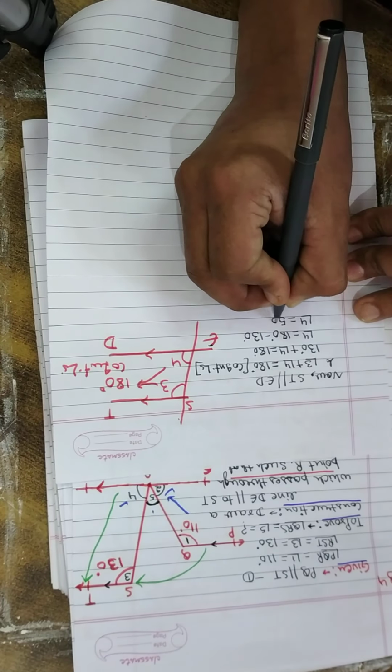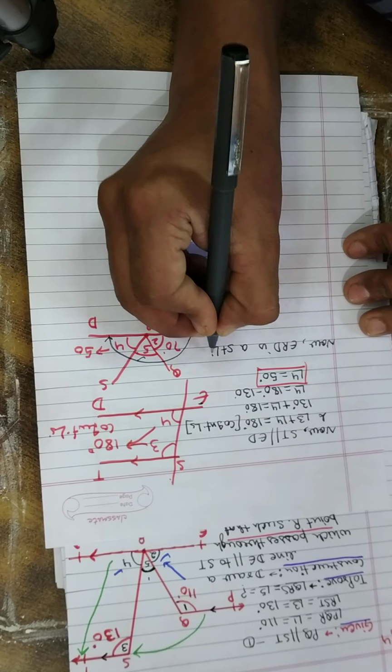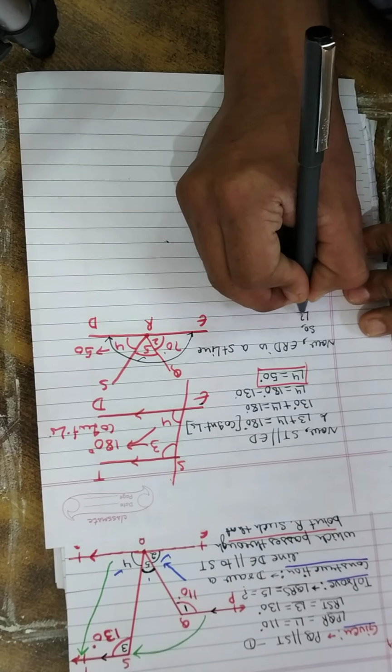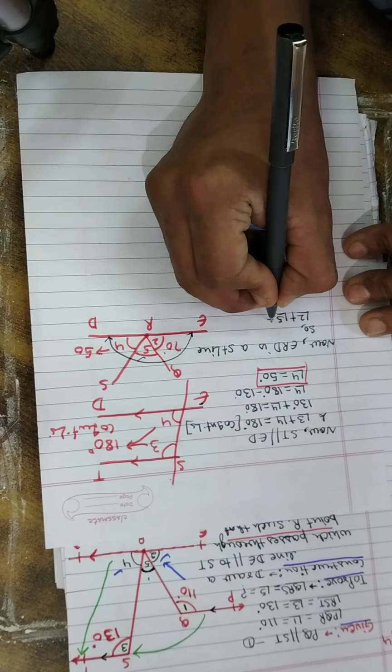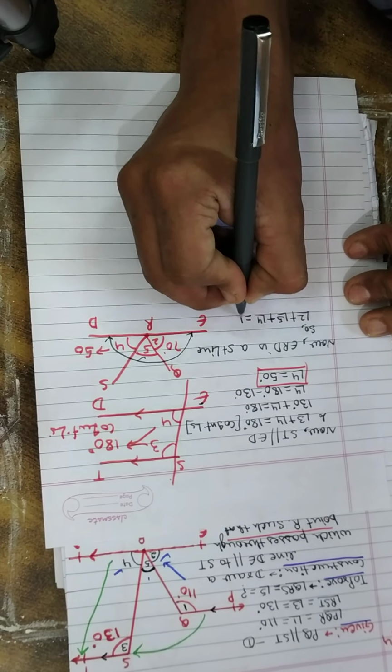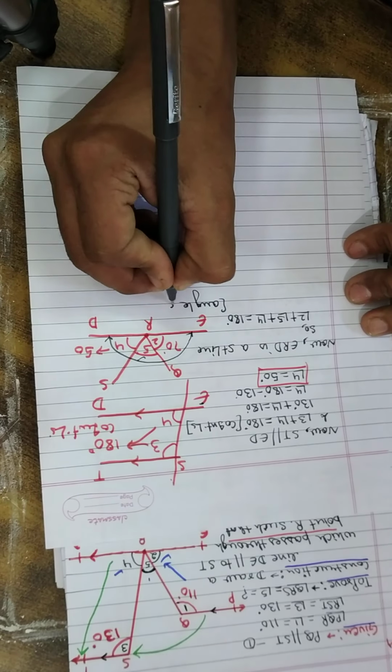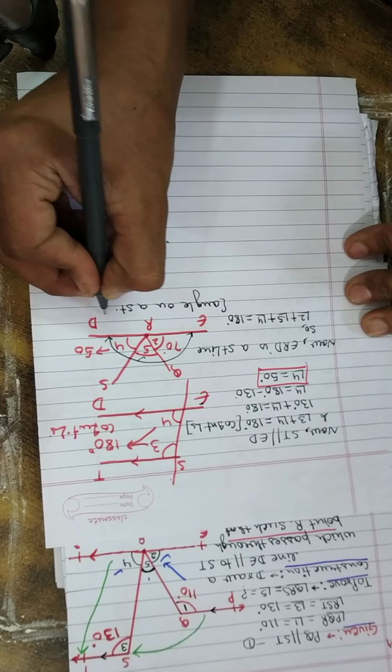Now you can write here: ERD is a straight line. So angle 2 plus angle 5 plus angle 4 equals 180 degrees, angle on a straight line.